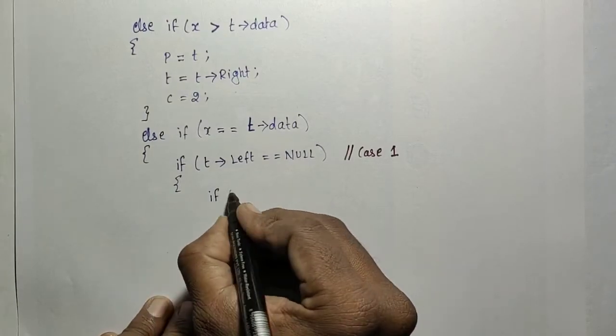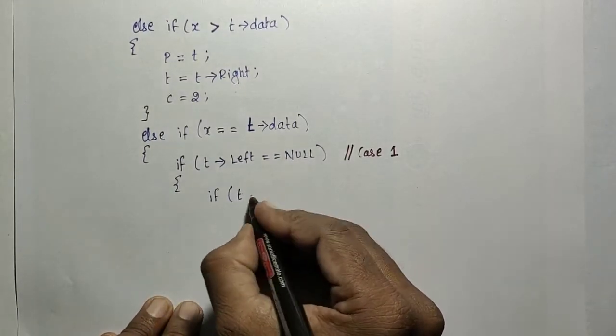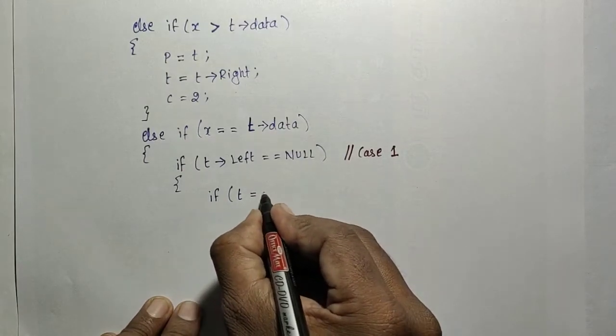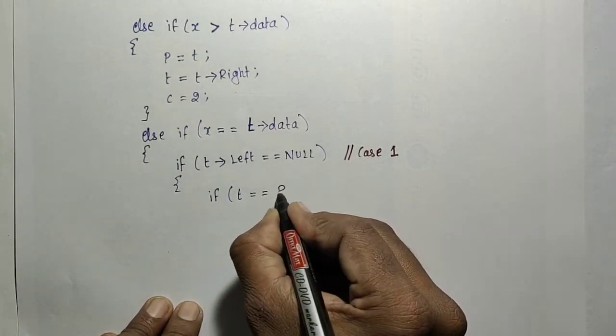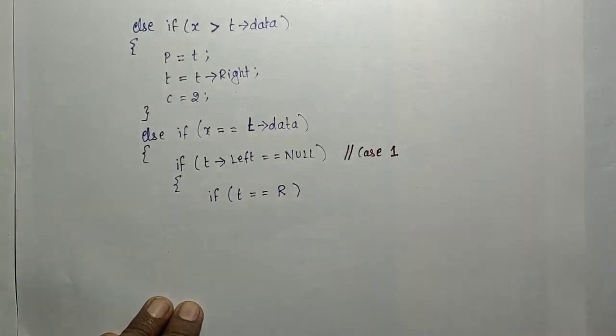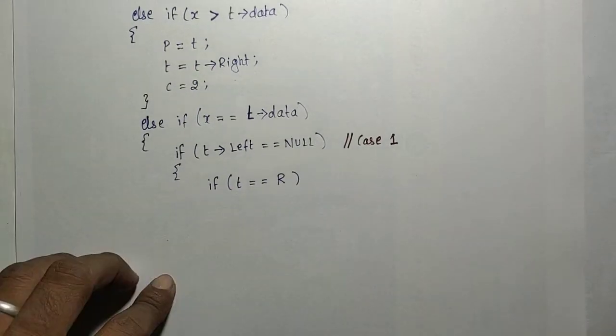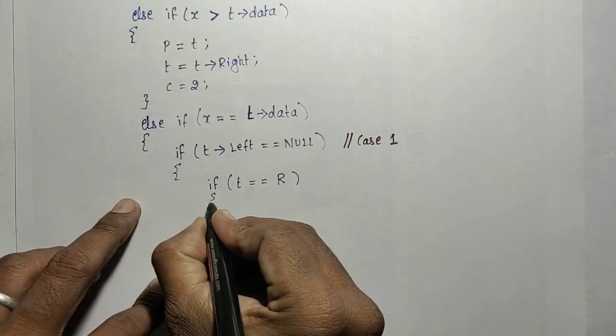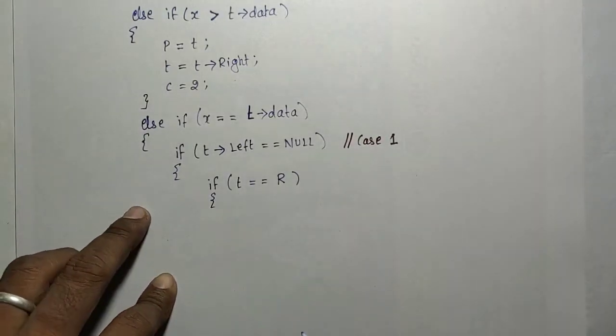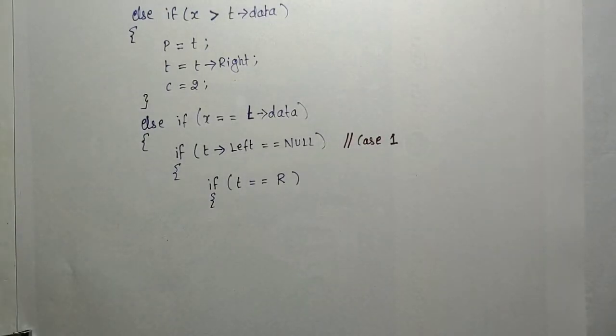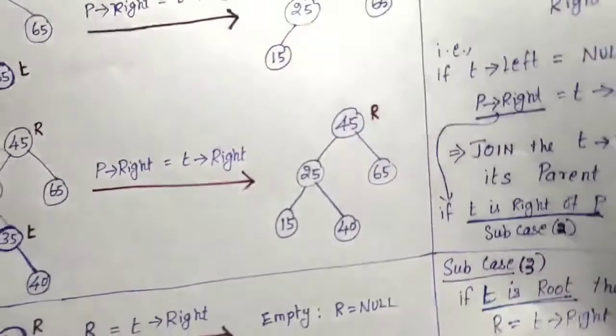If root is pointing to root, here t equal to what? R. So t equal to R means what is the solution? To unlink the node.